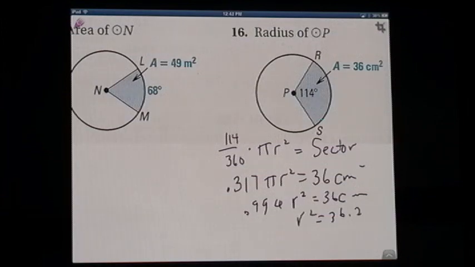And then we take the square root of that to find r. We get 6.015, or 6.02 is equal to r.